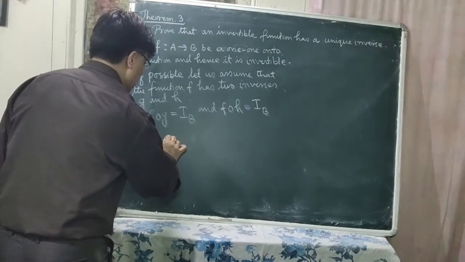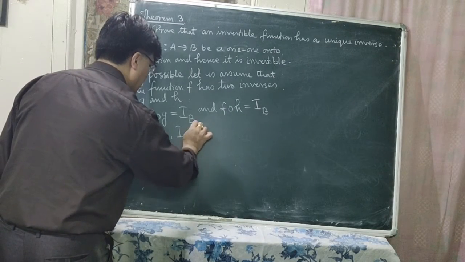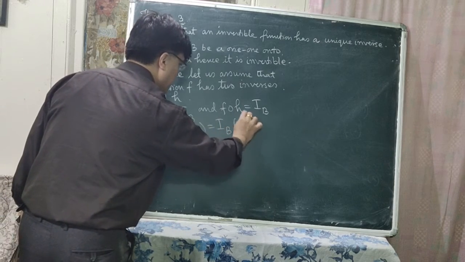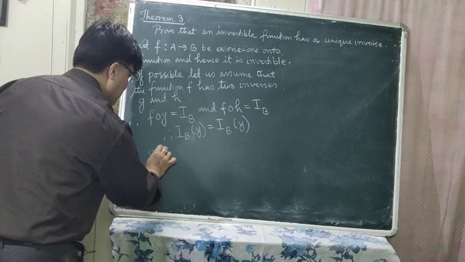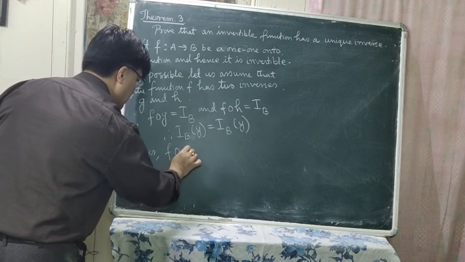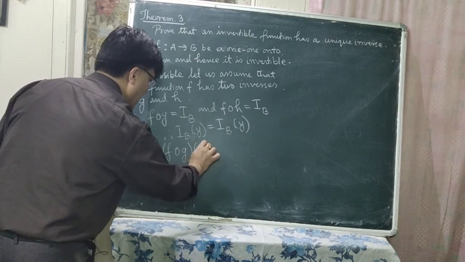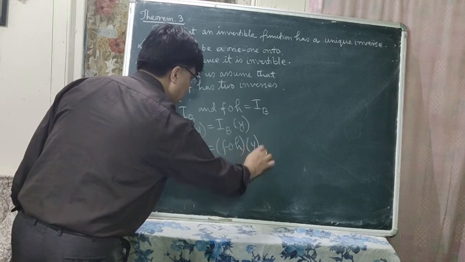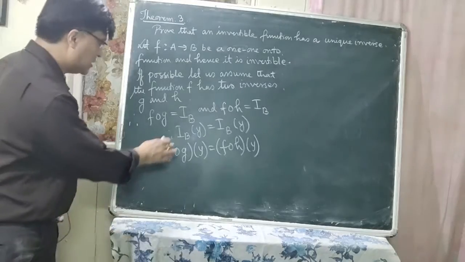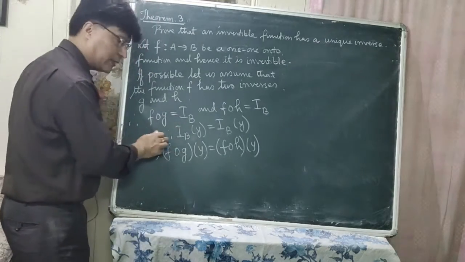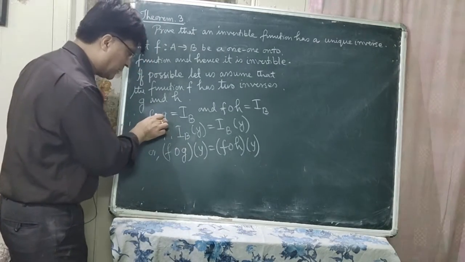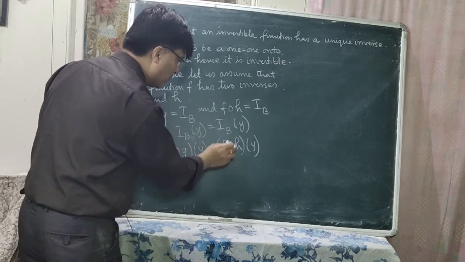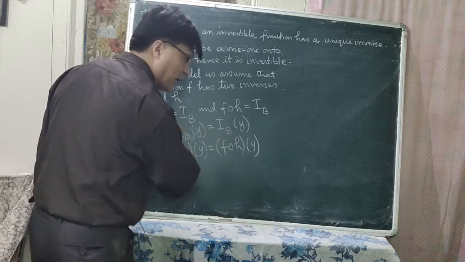So you can write here, since IB of y is equal to IB of y, both are same, for the left hand side you can write f of g of y is equal to f of h of y, right? For this left hand side, IB of y, that is your identity function, you can write as f of g of y, and here IB of y, instead of IB you can write f of h of y.